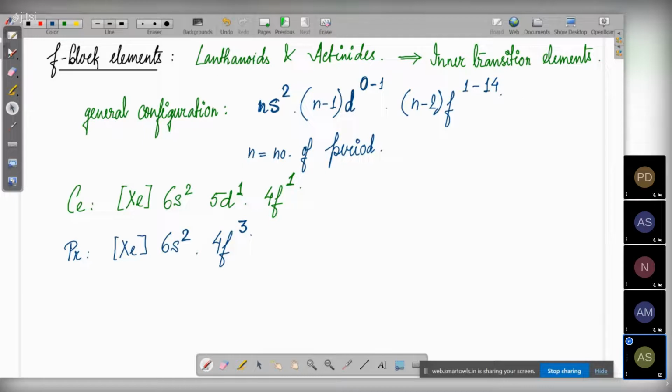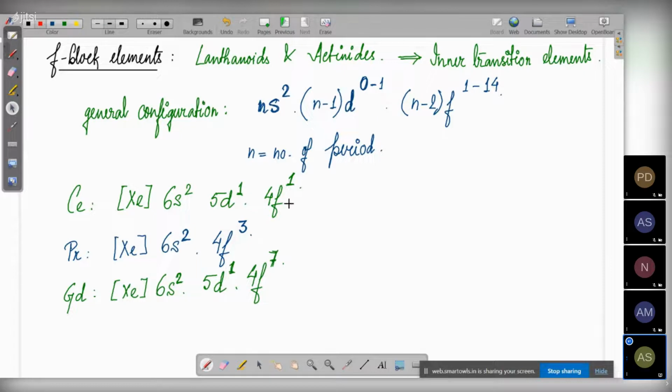Then you have, suppose, gadolinium, Gd. 6s2, 5d1, 4f7. So you see here also the condition is being satisfied.